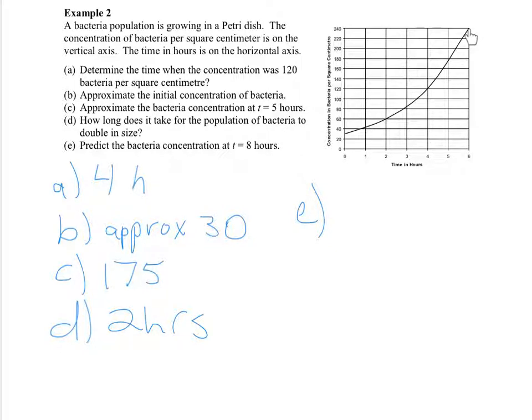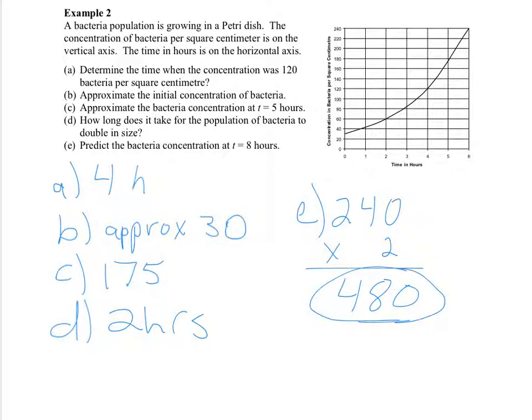So in 2 more hours, that would be 8 hours, it'll double. So 240 times 2 gives us 480. So we can say at 8 hours, we would expect the bacteria population to be 480.